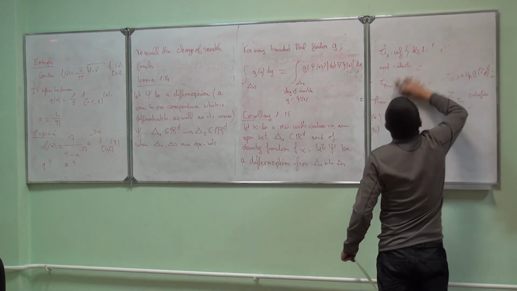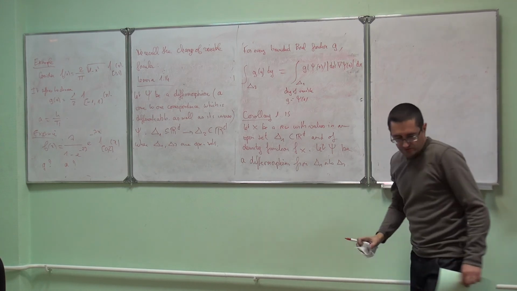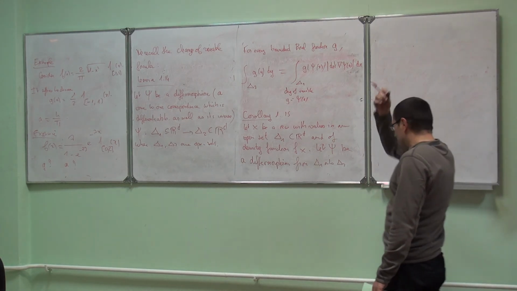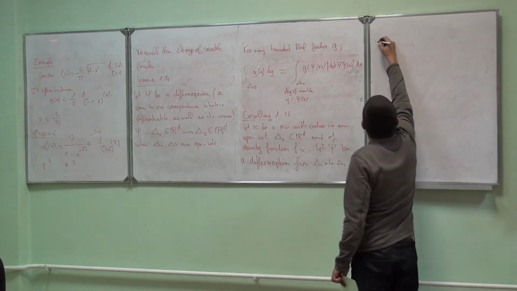Then we can give the explicit density function of the image of this random variable X by ψ, precisely.